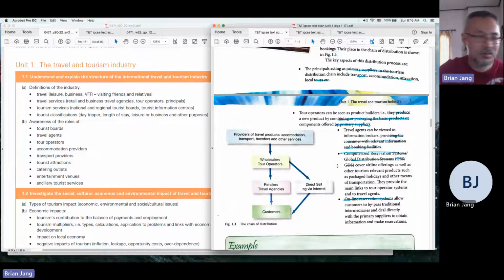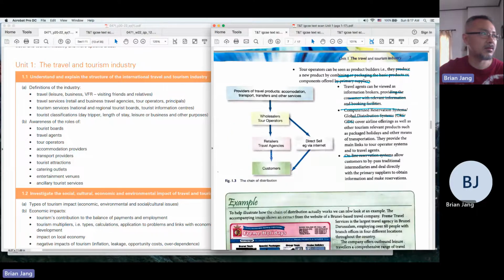If that was one of your questions, then what would you say? And if they didn't say chain of distribution in that question, you would have to automatically remember the customers have three different sources: the provider, the tour operator, or the travel agency. And what are the different ways that they can get these products and services? You would have to know this section to be able to explain that well. All right.